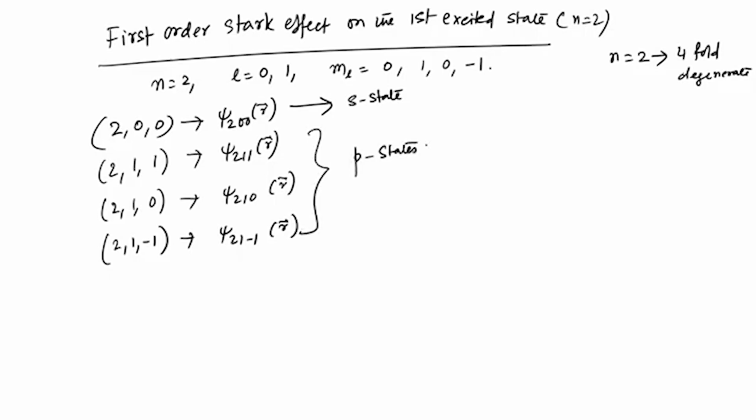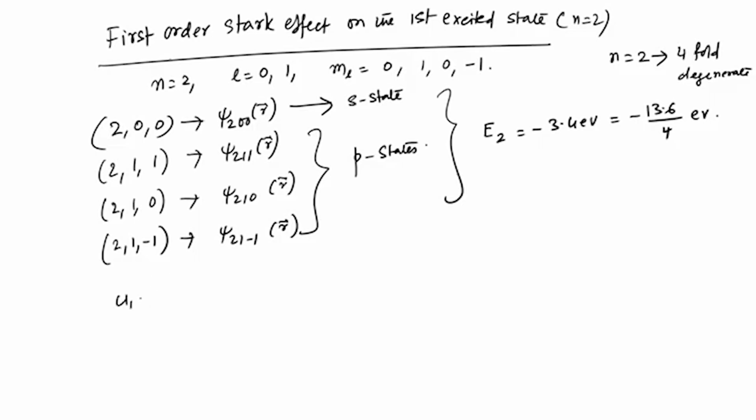And there are 3 P states, and each one of them has an energy E2, which is equal to minus 3.4 electron volt, which comes from 13.6 divided by 4. Okay. So, each one of them has this energy. Now let me change this order a little in order to have consistency with the notation that I am using.